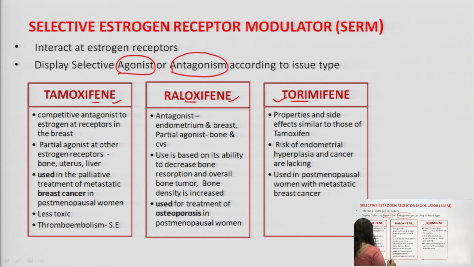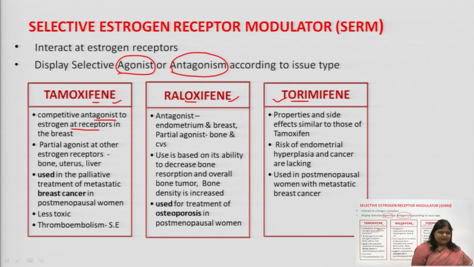Now, what is tamoxifen? Tamoxifen is a competitive antagonist to the estrogen at the receptors in the breast. Fine. So, they are antagonists to the estrogen receptors in the breast, and partial agonists at other estrogen receptors like bone, uterus or liver.